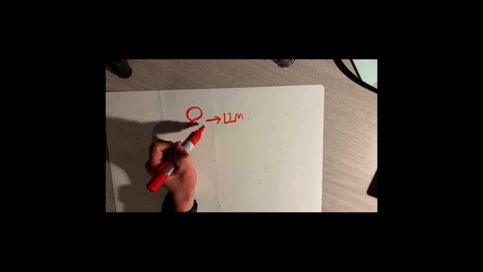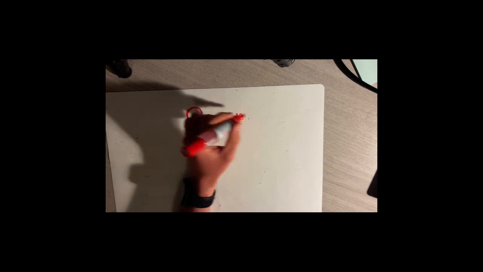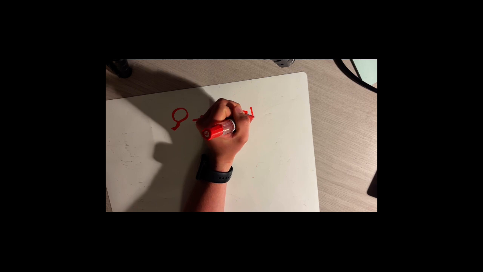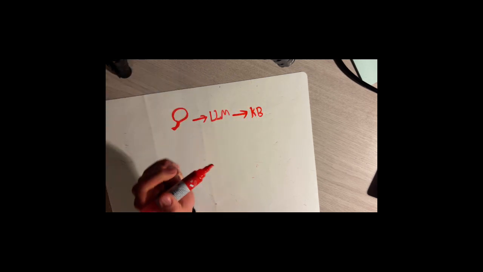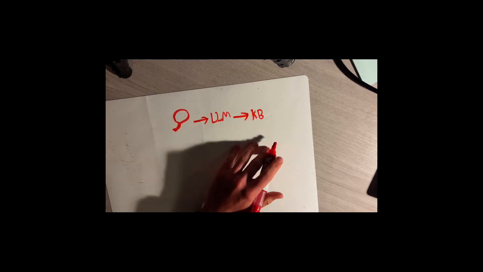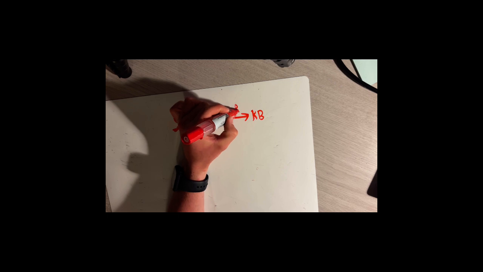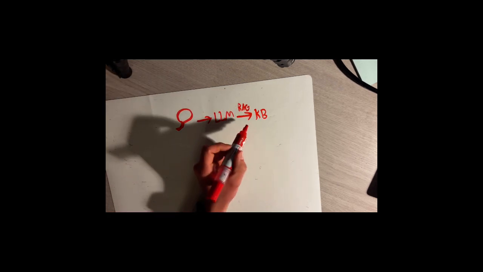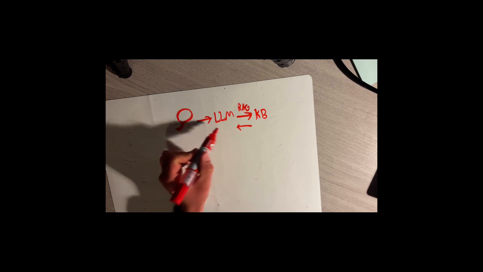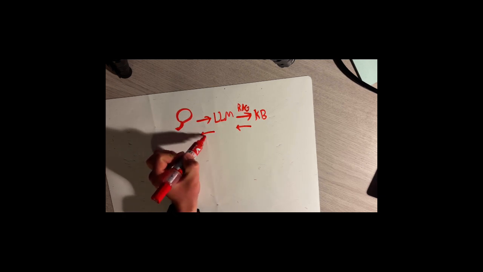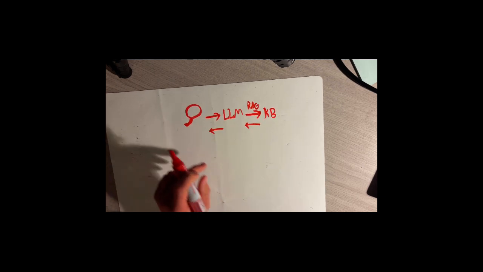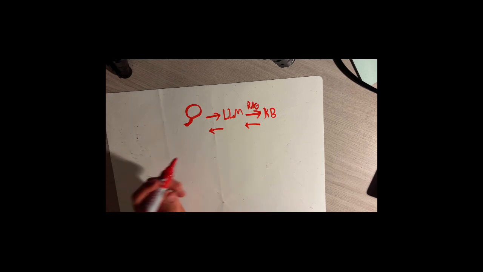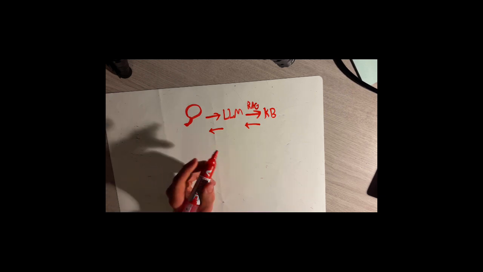So if you have a message, it sends it to the LLM, and then the LLM forwards it to a knowledge base, KB, using RAG. And then the knowledge base sends an answer back to the LLM, and the LLM sends the message back to you.